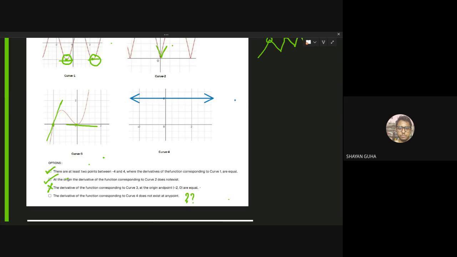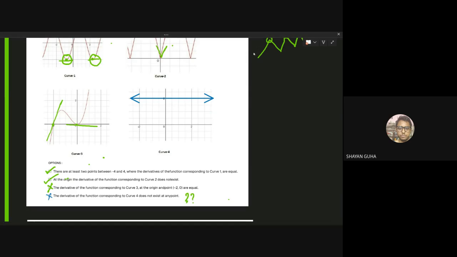The derivative of the function corresponding to curve 4 doesn't exist at any point. No, it's actually wrong. The derivative exists, and any line which is parallel to the x-axis has derivative 0. So if a line is parallel to the x-axis, it will always have derivative 0, or rather the slope of this curve will be 0. However, there is one catch.